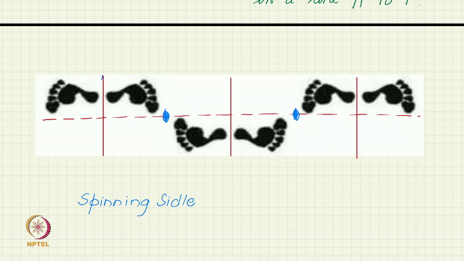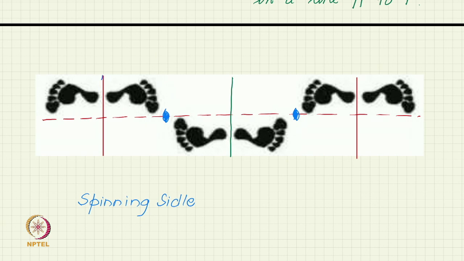In fact, to use the color coding of my previous drawing, I can use green. So, a spinning sidle. So, the seventh different symmetry, and there are no more.